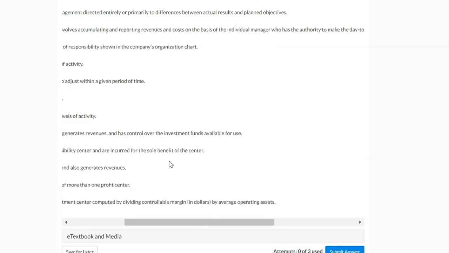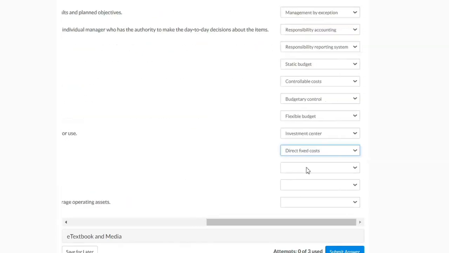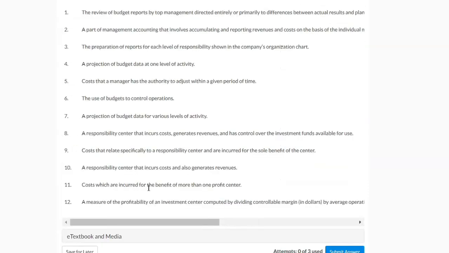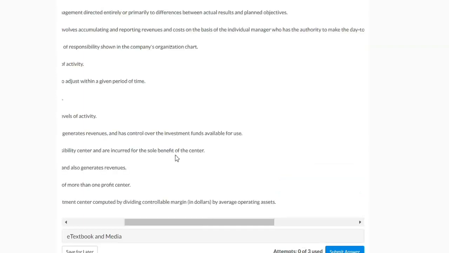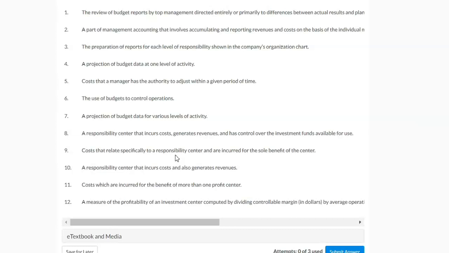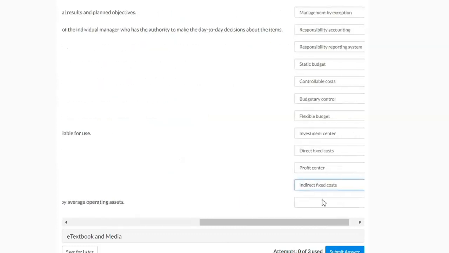A responsibility center that incurs costs and also generates revenue, profit center. Right. Costs which are incurred for the benefit of more than one profit center. Indirect. Yeah. A measure of profitability of an investment center computed by dividing controllable margin in dollars by average operating assets. ROI. Yeah. Okay. Good.